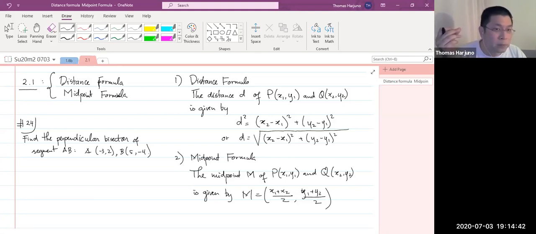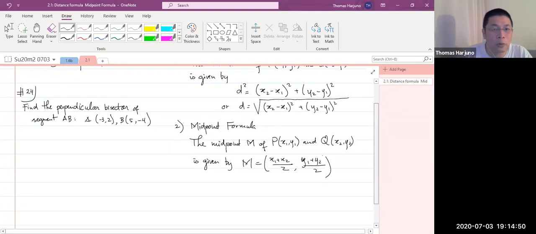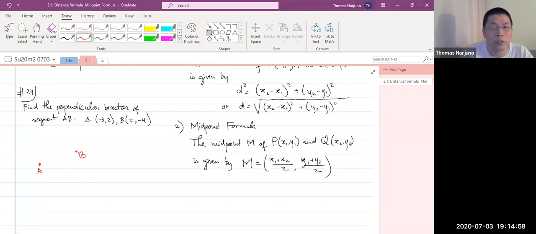So I think after this I will do 2.3 first, and then I go back to 2.2. But what is the idea of this question? The idea is the following. Suppose I have point A here and point B here, and we have a segment connecting these 2 points.